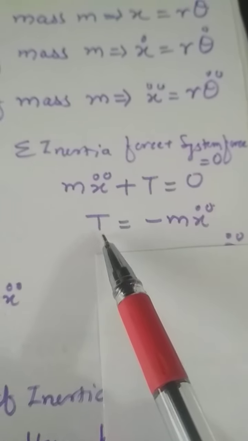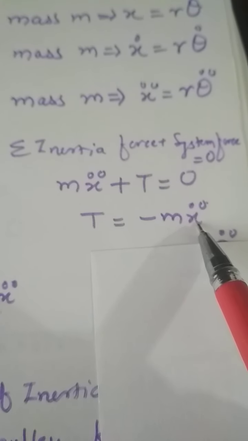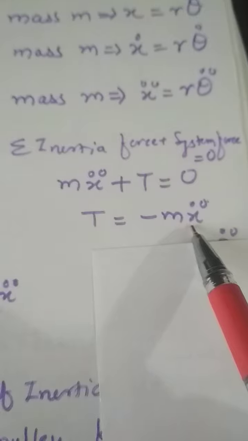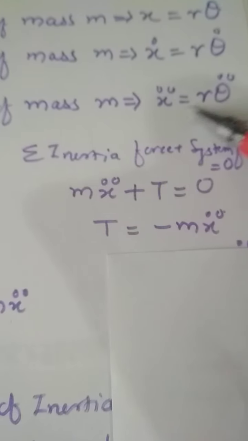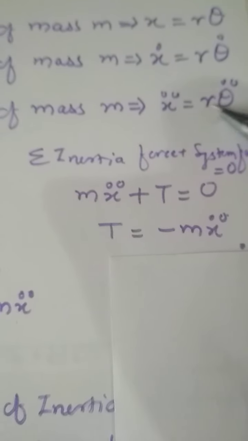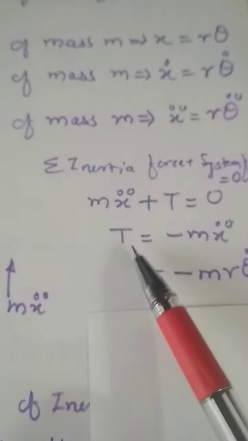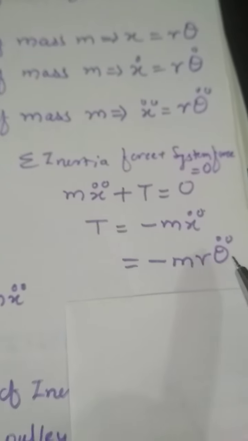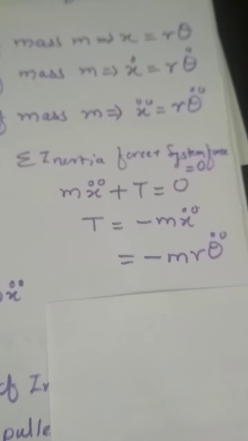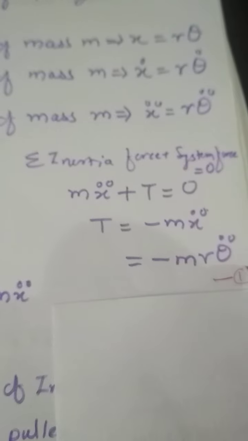So T is equal to minus m into x double dot. We know that x double dot is equal to R into theta double dot. So T is minus m R theta double dot. I can say this is equation number 1.